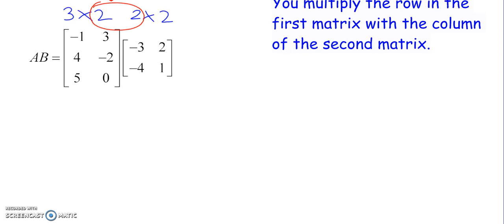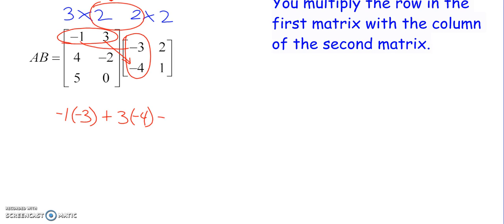To multiply this, I'm going to take row 1 in the first matrix and column 1 in the second matrix, and it's kind of like a dot product. I'm taking negative 1 and negative 3 and multiplying them. Negative 1 times negative 3, and I'm going to add 3 times negative 4. All of those numbers come from what's circled in red.